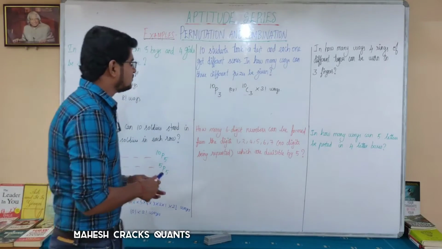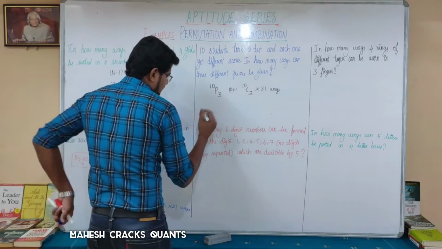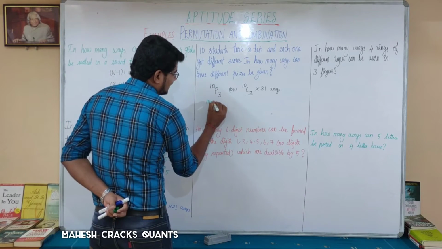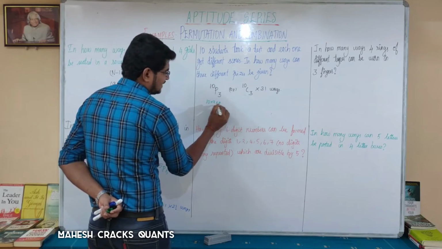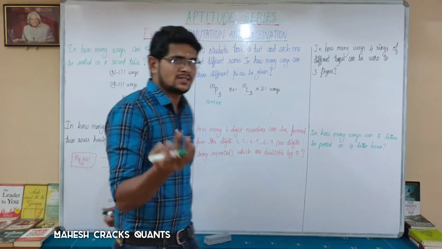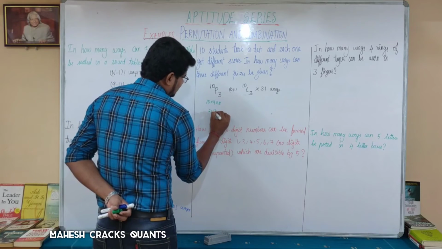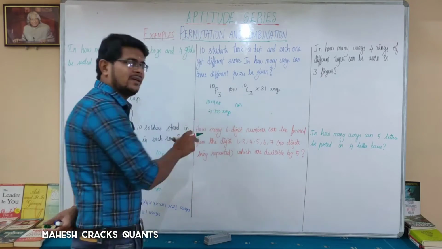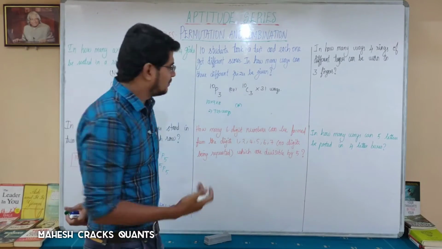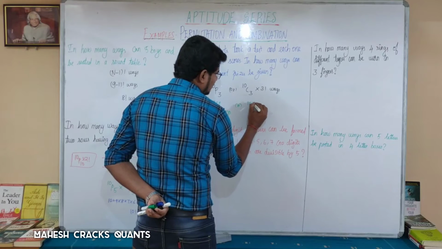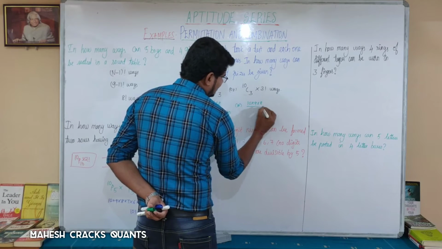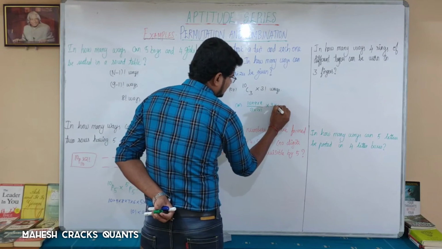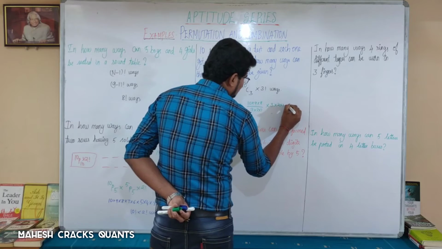So let's solve. You will get 10 into 9 into 8, as 10 should be reduced 3 times. 10 into 9 is 90, 90 into 8 is 720. So 720 ways. Or I can solve this by combination: you reduce 3 times, and the denominator is 3 factorial, which is 3, 2, 1.